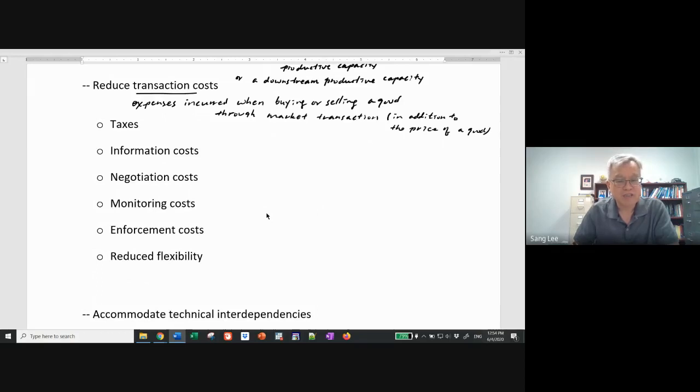And second, you can reduce or avoid some information cost. So what exactly is information cost?